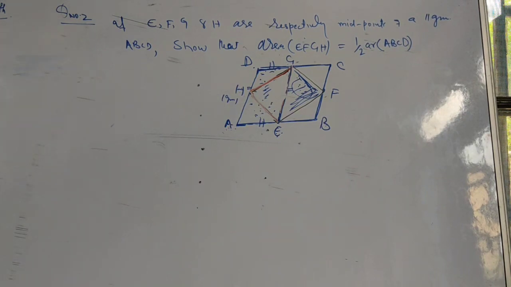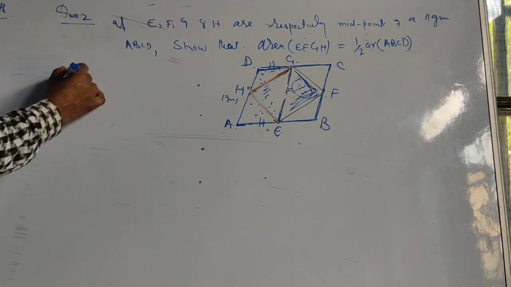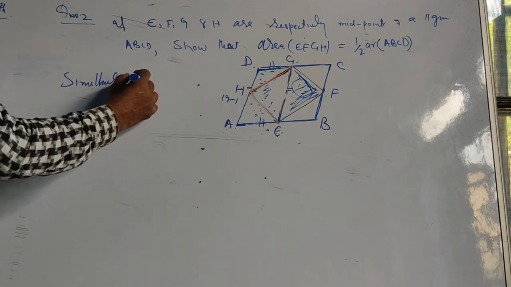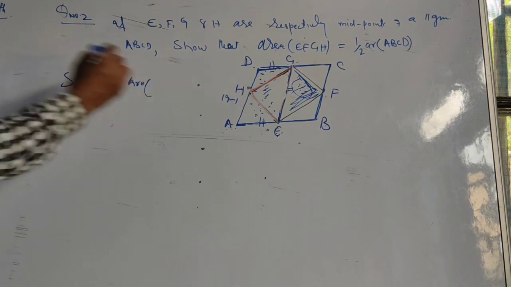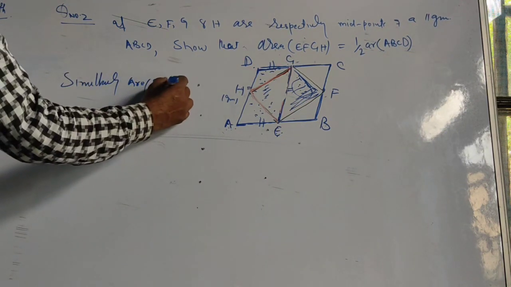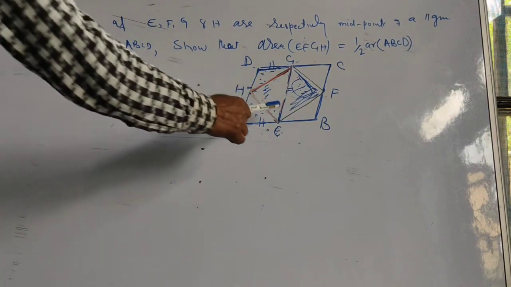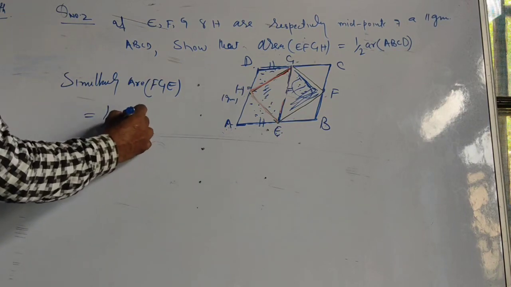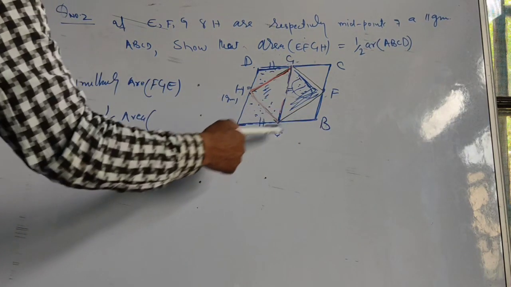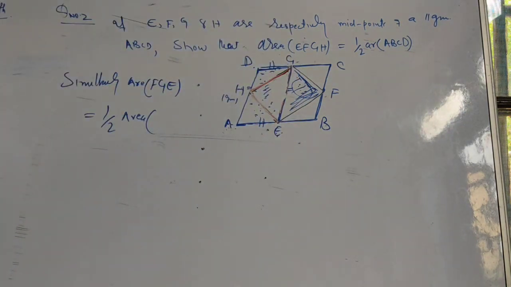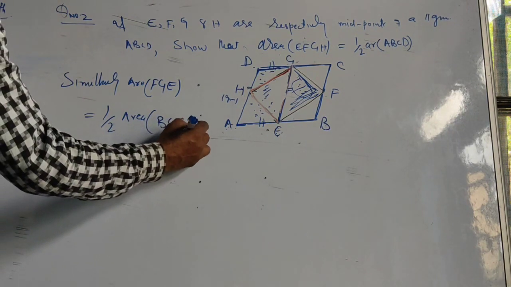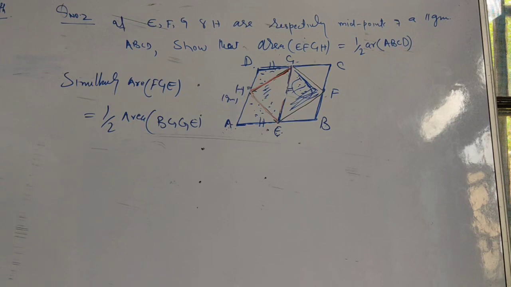Similarly, area FGE is equal to 1/2 area BEGC or BCGE, because these are on the same base and same parallels.